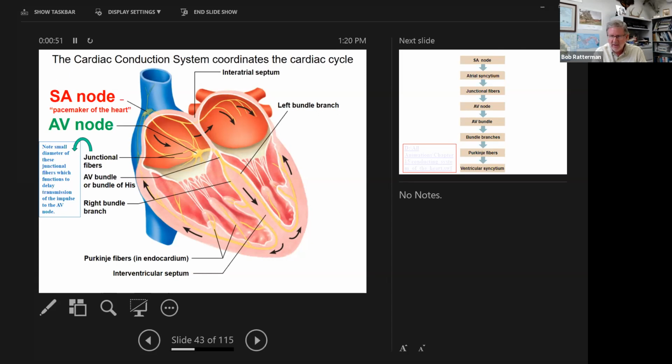So SA stands for sinoatrial, S-I-N-O-A-T-R-I-A-L, all one word, sinoatrial. And as you can see, this is affectionately referred to as the pacemaker because it sets the heart rate.